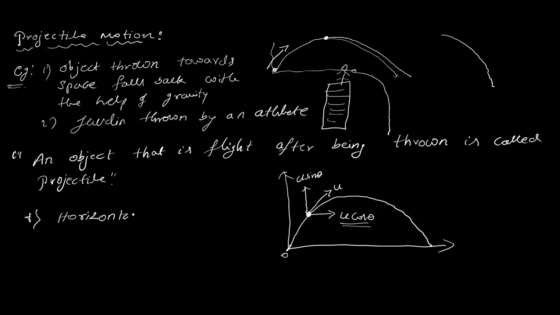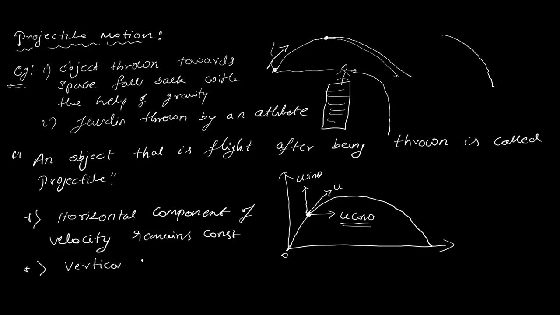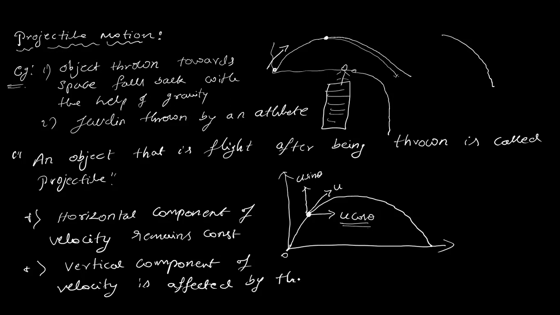Horizontal component of velocity remains constant, but the vertical component of velocity is affected by the force of gravity.